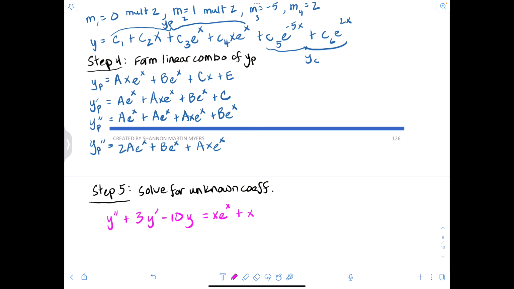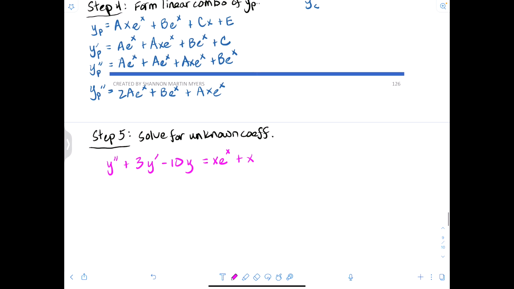But aren't there some missing terms, right? So we'll go ahead and we'll add those in soon.